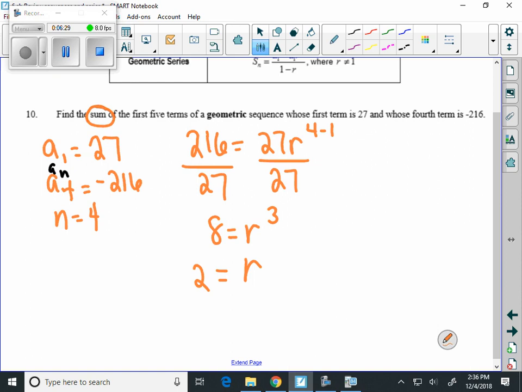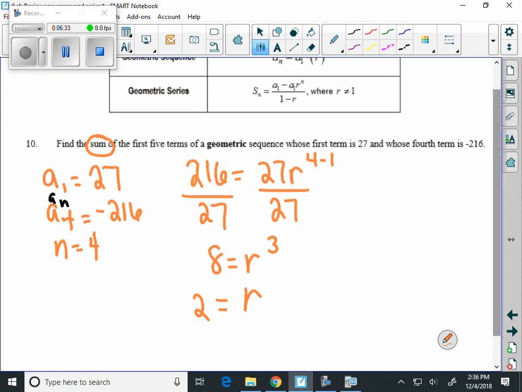Now that we have our common ratio, when we look at our second formula here for our sum, we have the information that we need. But I do want to point out one other important piece, and in fact I think I'm going to write it: our a sub 1 is still 27, and we just found that r is 2.